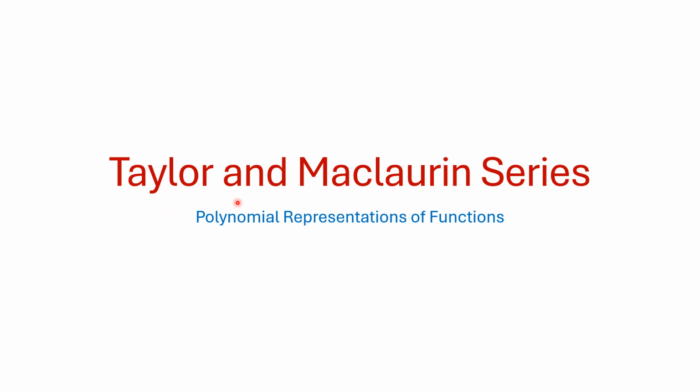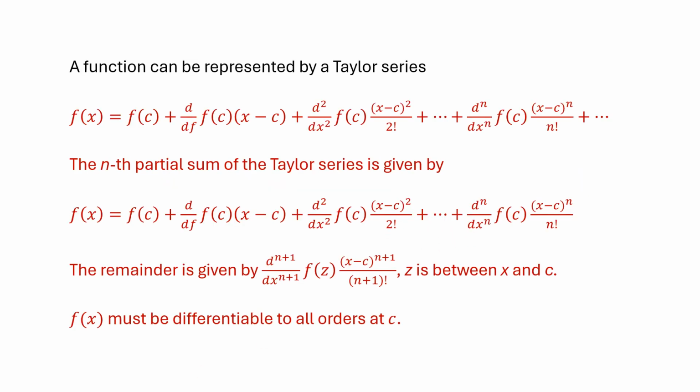Welcome to Taylor and Maclaurin series, a way of representing many functions with polynomials. A function can be represented by a Taylor series, and the way it would look is f of x would be f of c plus the first derivative of f of c times x minus c.